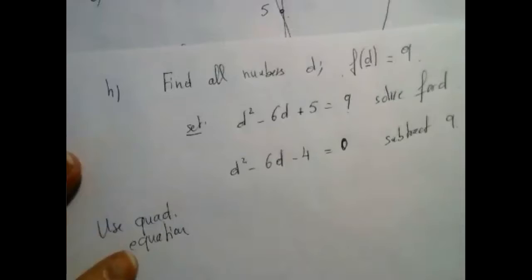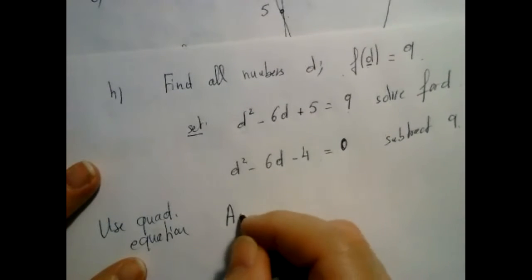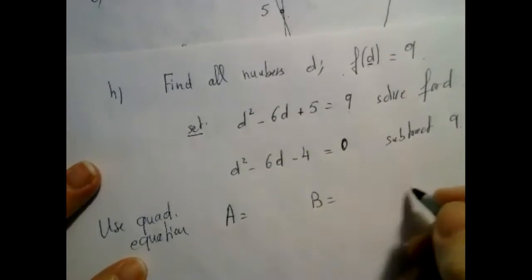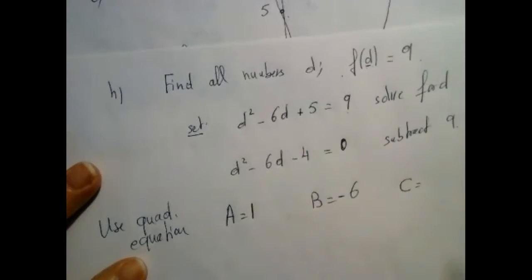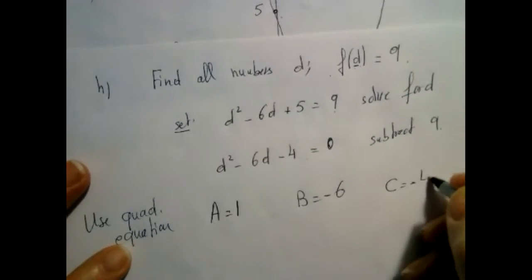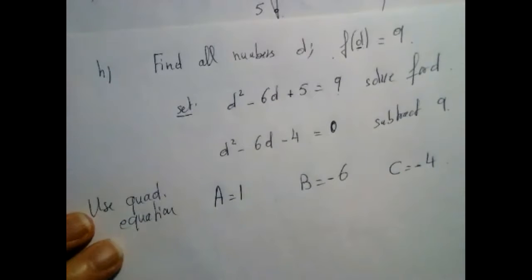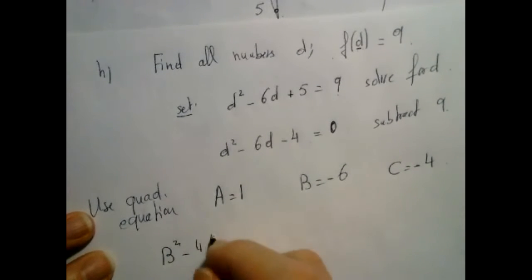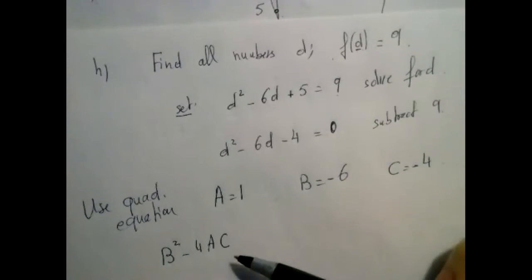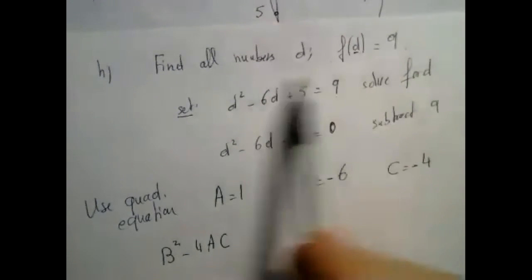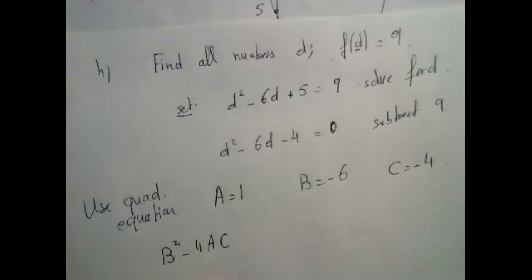Okay, so to use the quadratic formula, I first identify my A, my B, and my C. My A is 1, my B is -6, and my C is -4. Now I need to compute B squared minus 4AC, because based on the problem we did before, if this is negative, it means I cannot find anything that satisfies this equation.